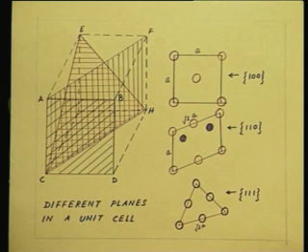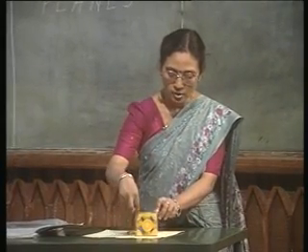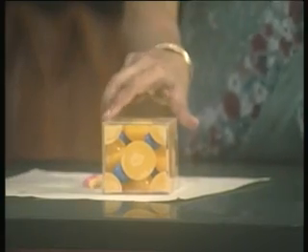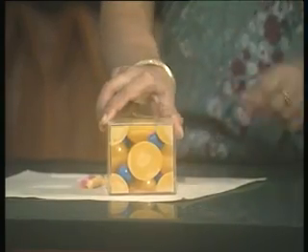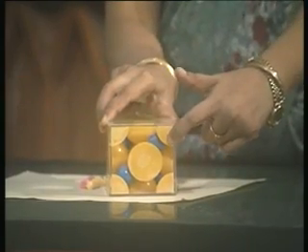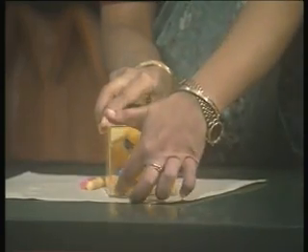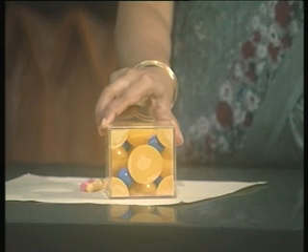If you also look at this model here, this is a plane belonging to the family of 1 0 0 planes. And what do you see? You see one corner atom here, one corner atom here, one corner atom here, one corner atom here and the face centered atom here.